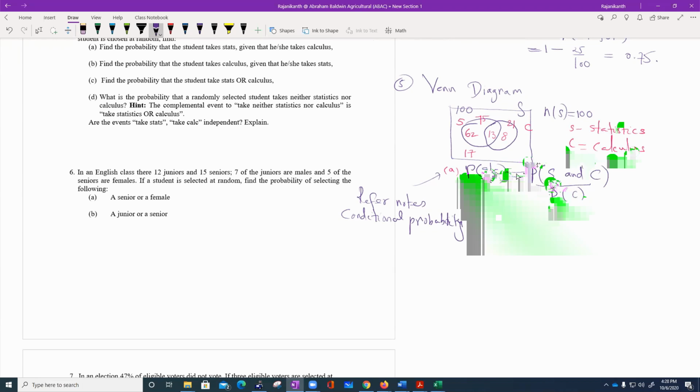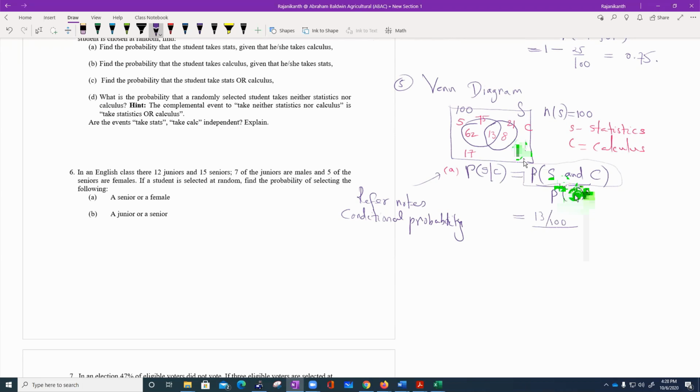Let us find the first piece of probability. What is the probability of getting statistics and calculus? That is nothing but the overlap region. There are 13 out of 100 students in the class. Therefore, the probability of S and C is 13 over 100. That I'm going to divide by the probability of getting calculus.